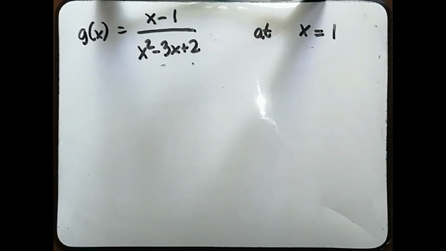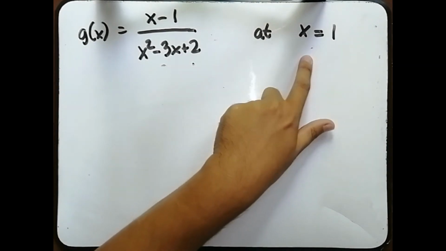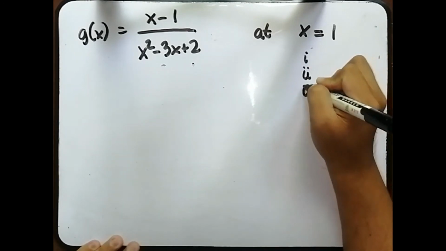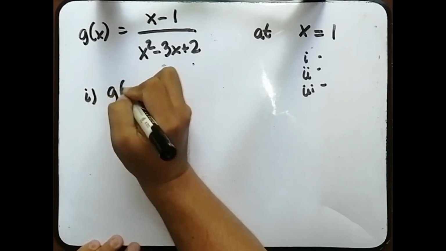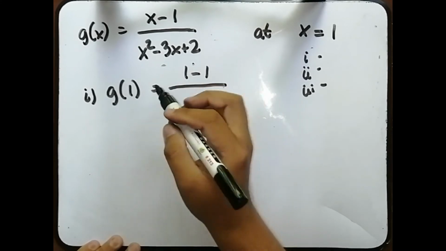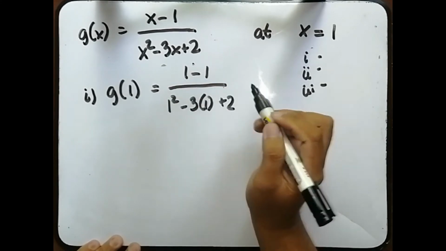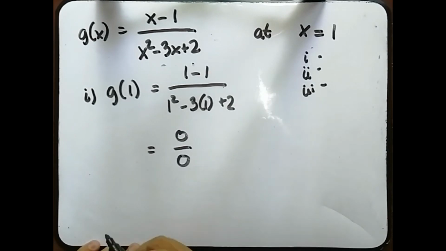Ngayon, check naman natin, eto ba ulit g of x natin? Continuous din ba siya sa x equals 1? Okay? So, check natin yung tatlong criteria natin. First, g of 1 should be defined. So, we have 1 minus 1 over 1 squared minus 3 times 1 plus 2. This is equal to 0 over 0, undefined.